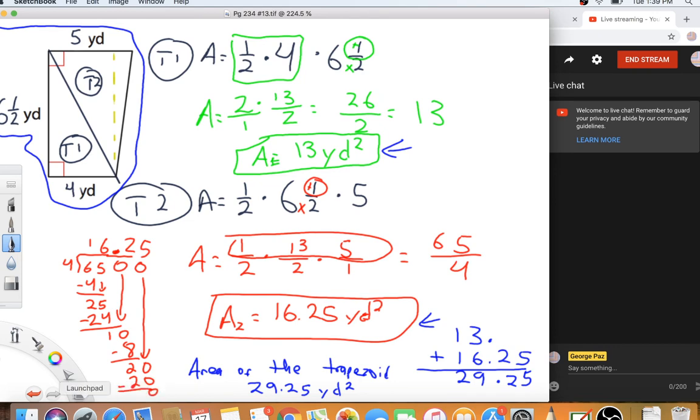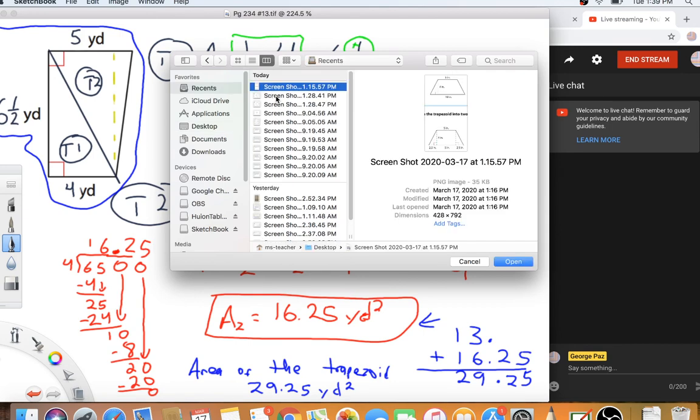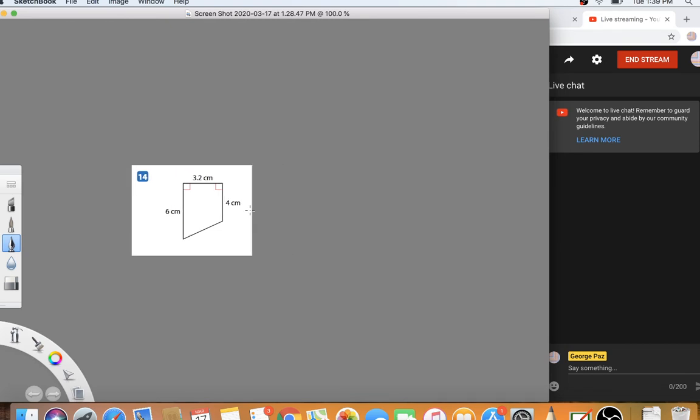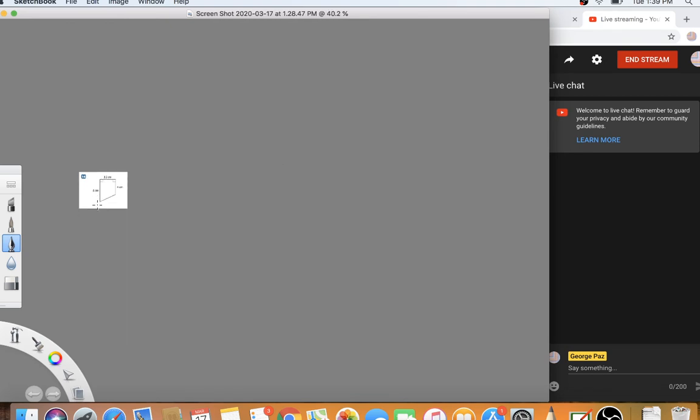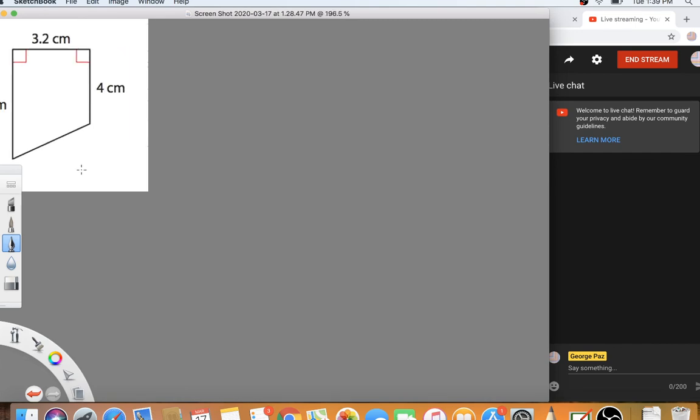Now, for the other one, let's go ahead and do number 14, I believe. Let's see, where are we at? There we go. All right, I think I figured this part out. I think I just got to zoom in here, and it'll zoom into the left side. Whoa, too much.